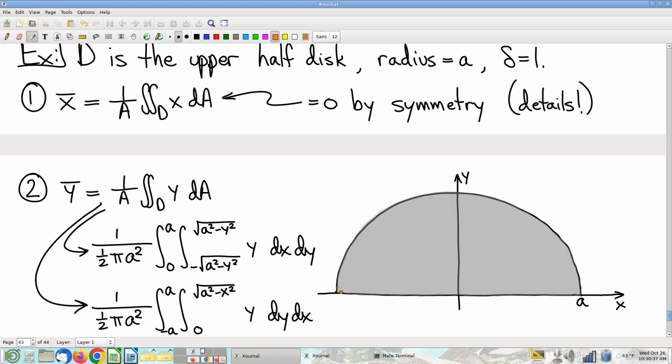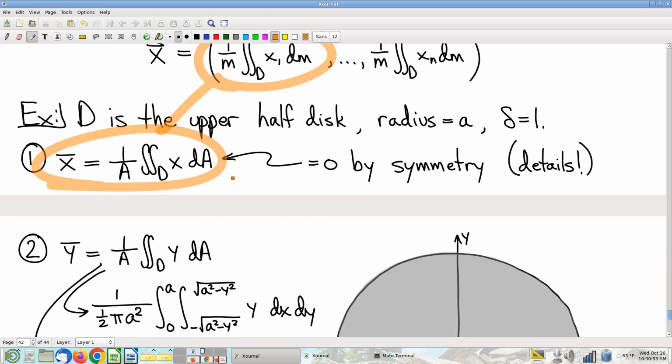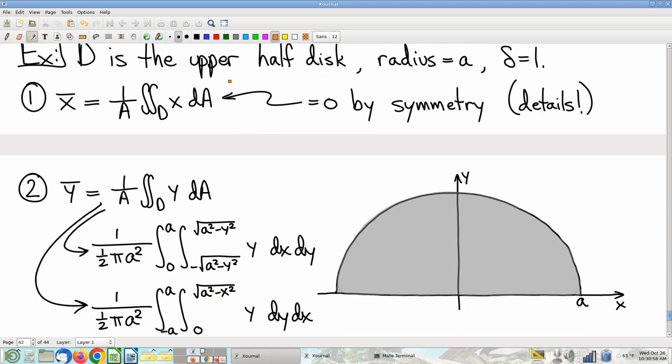Okay. All right. Here's the formula for the x-coordinate of the center of mass. And that's just straight out of the formula above. That's that formula right there, the first coordinate of the center of mass. Okay, and you can compute this integral by any of several different means.